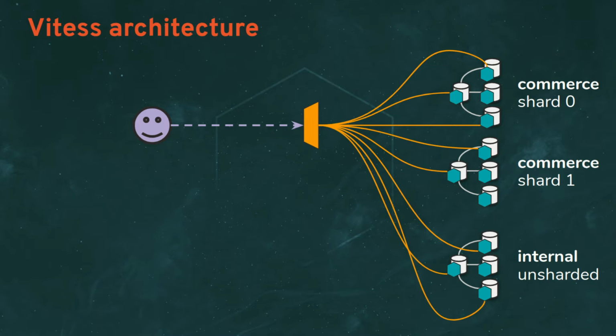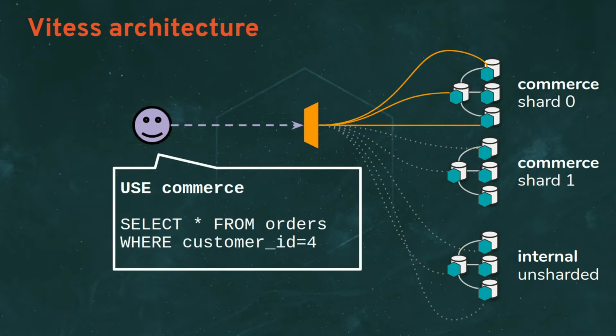Some of these clusters may be sharded. When your app or your user connects to VTGate, how does VTGate know where to route the query to? Your user will use a specific schema and will operate on a specific table.